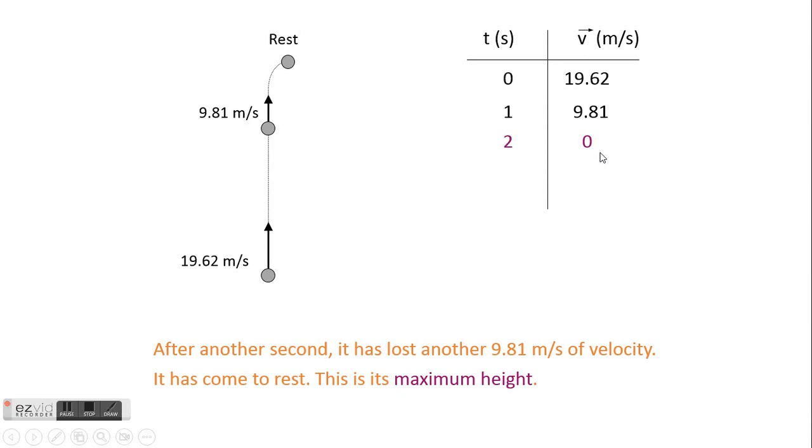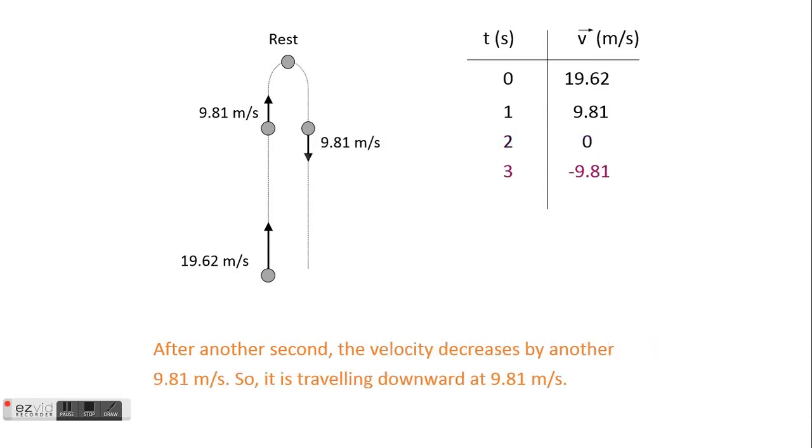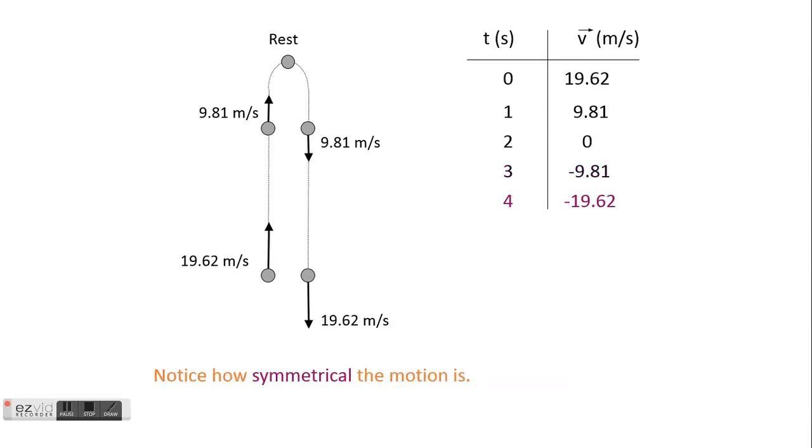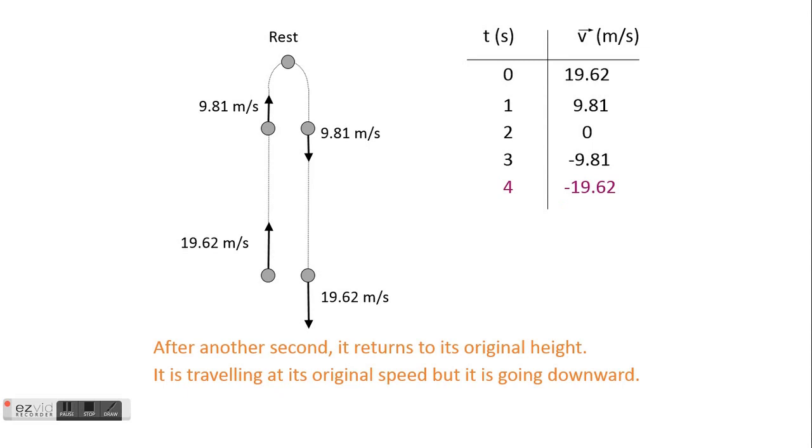We've subtracted 9.81 from our speed. And an extra second later, so 2 seconds in, it's at the very top. It's actually at rest instantaneously, or momentarily. And then another second later, it's 9.81 meters per second moving downwards.